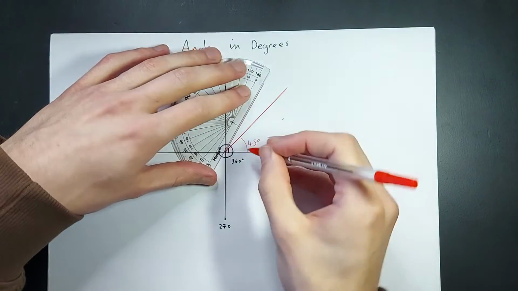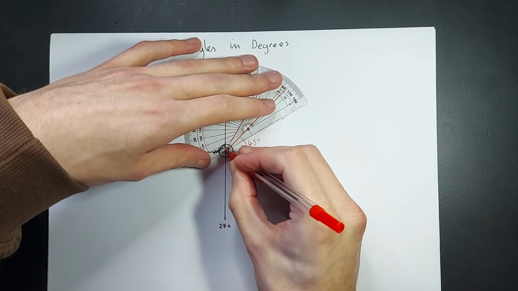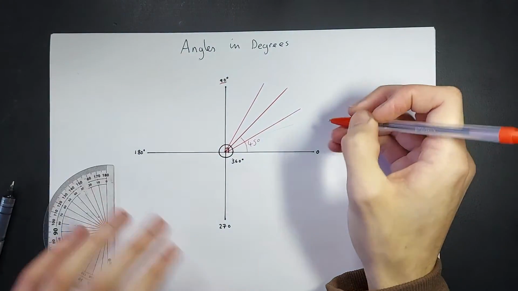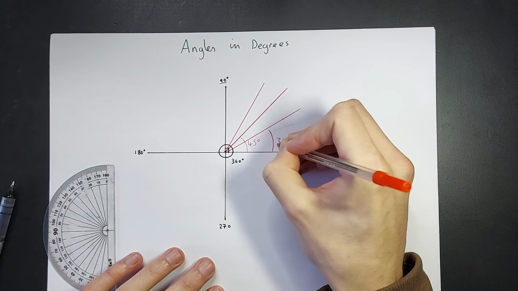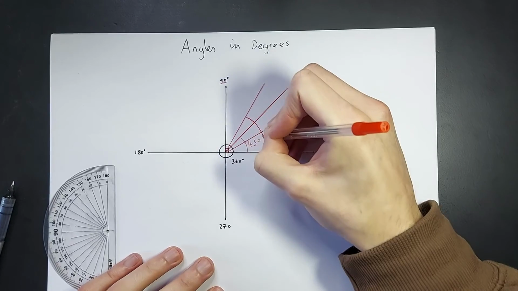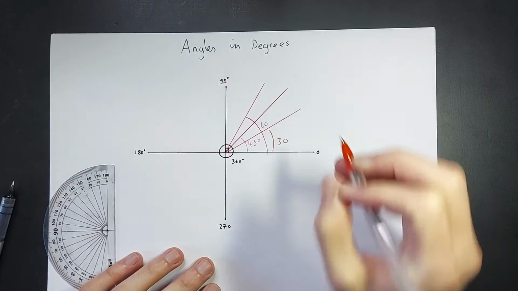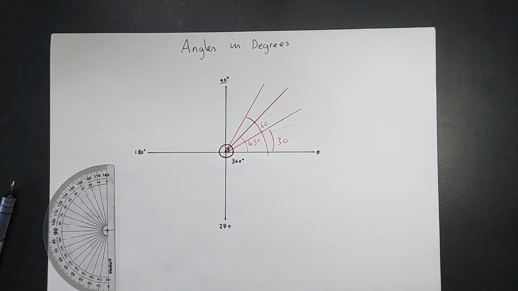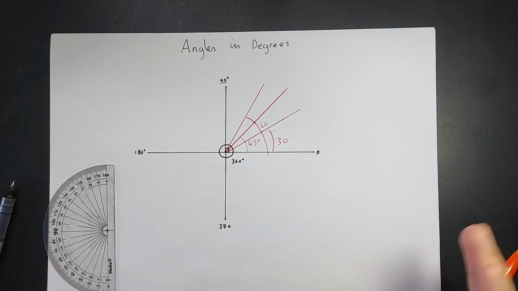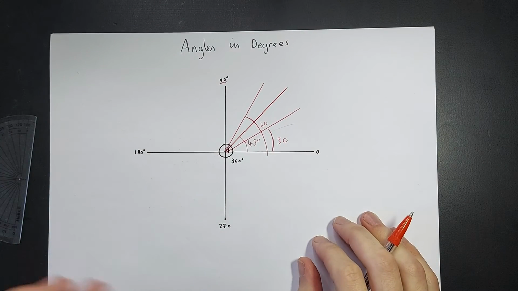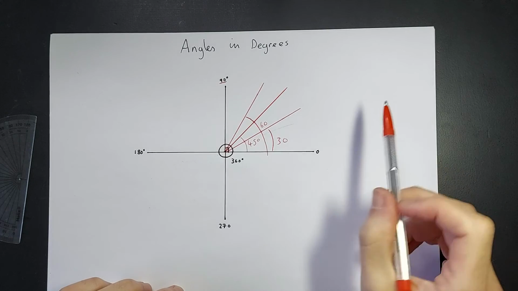Put them on. Okay, so this one here is going to be 30 degrees, and from here to here would be 60 degrees. So again, you can narrow it down. They're just the key ones I think it's worth remembering when you're estimating an angle.